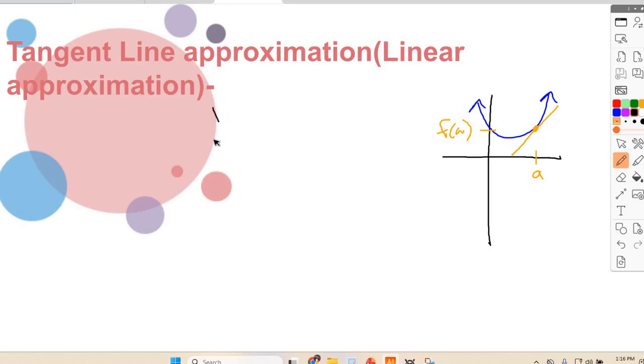So we have y minus, what's our y value? f of A, equals the slope. How do we find the slope of the tangent line? The derivative. So we would have f prime of A times x minus A.